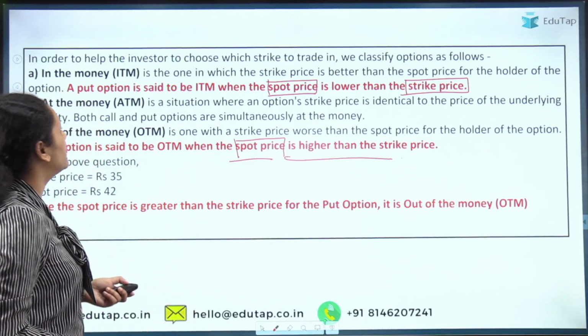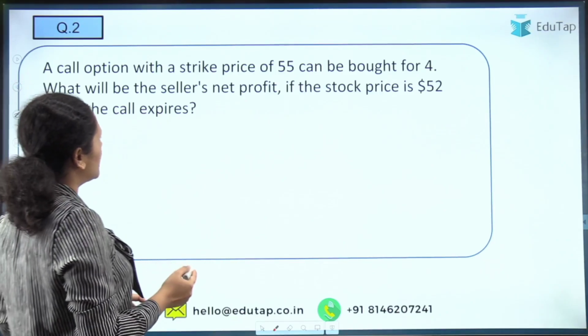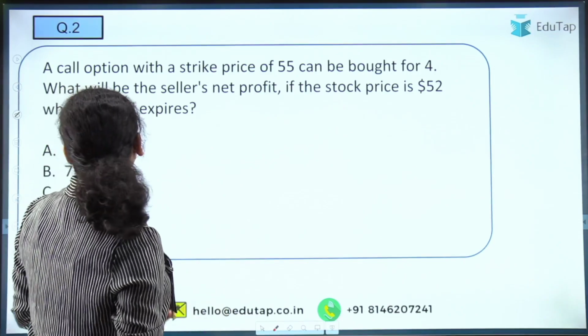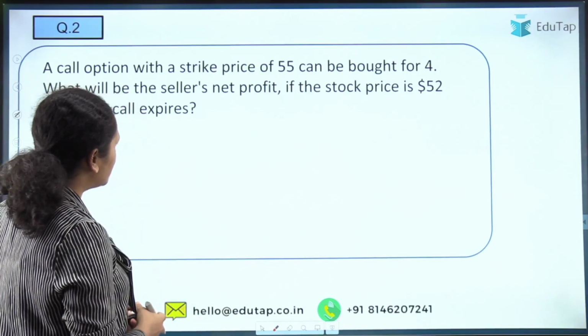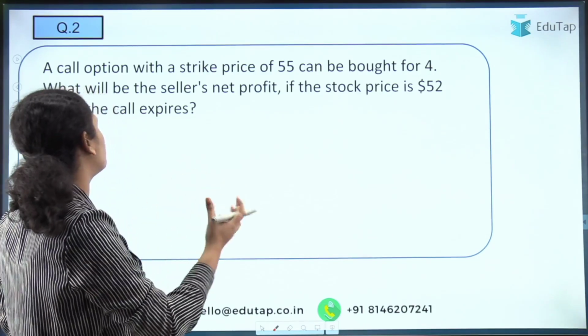ठीक है, now let's move to the second question. The question says that a call option with a strike price of 55 can be bought for 4. What will be the seller's net profit if the stock price is 52 when the call expires?